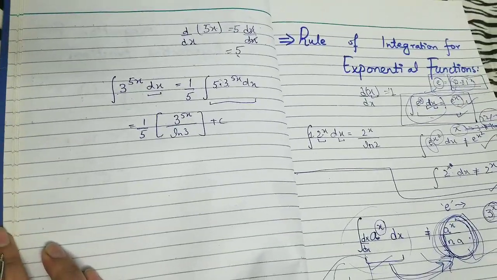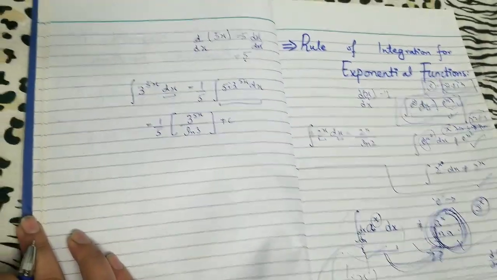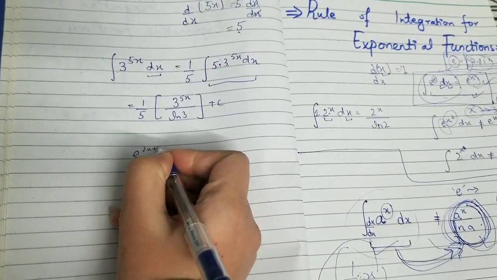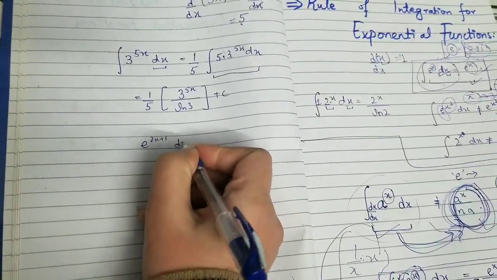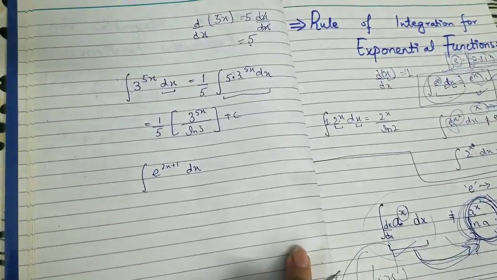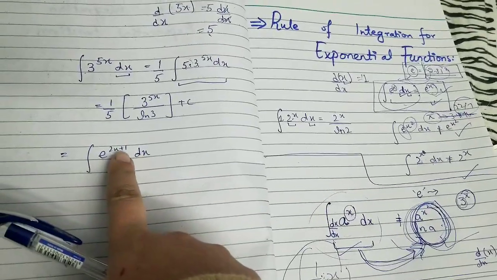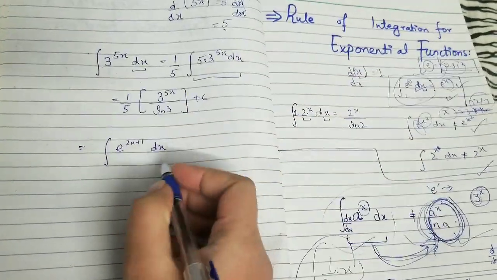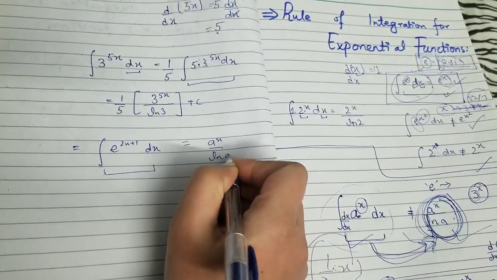I hope you all now understand what to consider. For e to the power 2x plus 1, all of these will be solved under a similar rule: if the derivative of the power appears beside the exponential function, then its integration can be written as a to the power x divided by natural log of a.